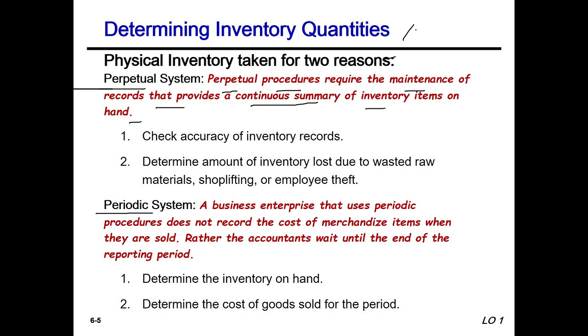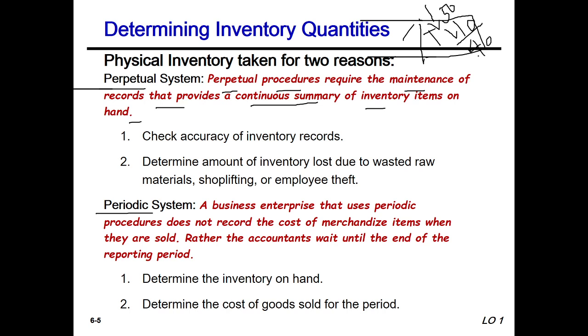That means suppose our organization is related to television. Suppose this is the television. We purchase television when we start the business. We purchase 50 pieces of television. So 50 pieces, we sold 10 pieces. So we have 40 pieces of television in our inventory.